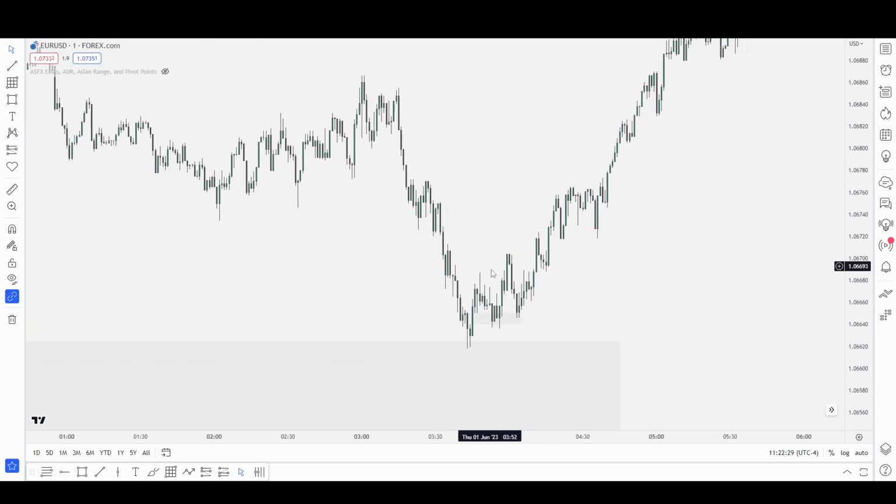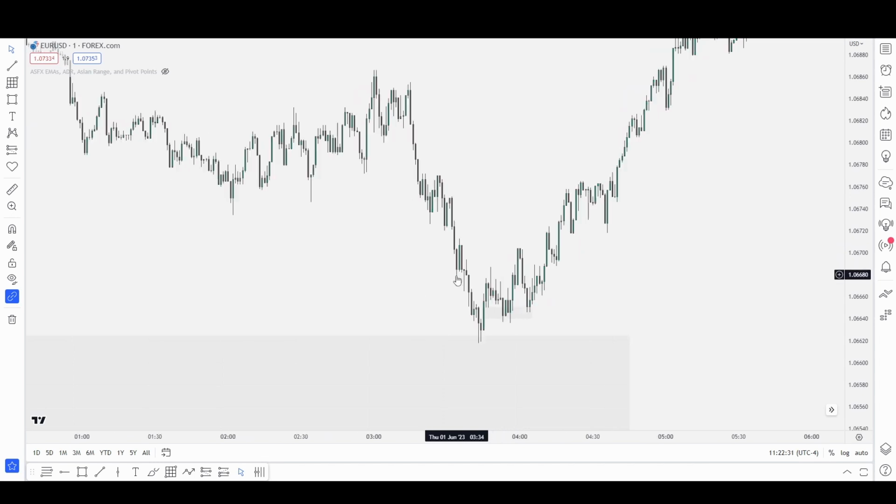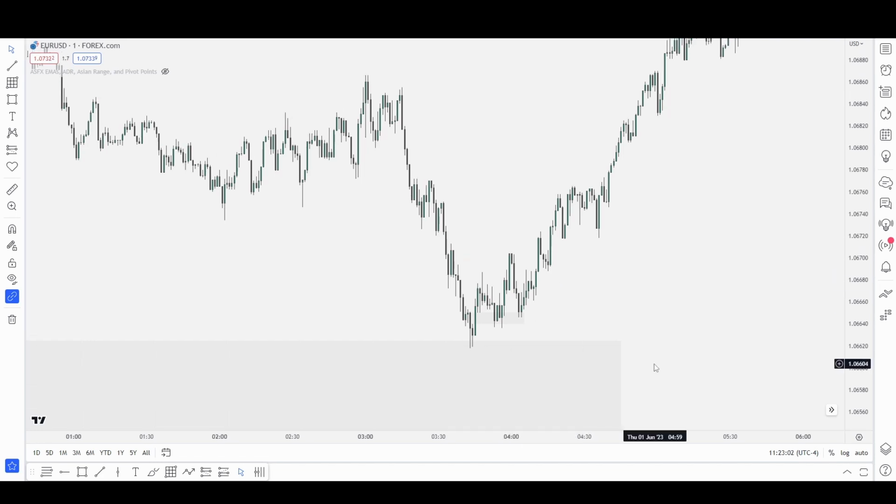So that's again a perfect example of how if we have no structure broken but price comes back and rebalances an imbalance left, it signifies that you're probably on the right side of the market and you want to continue looking for buys or sells depending on which you have in mind.